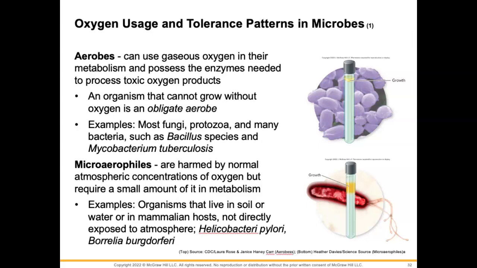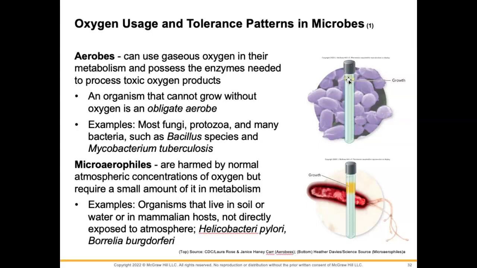H. pylori and Borrelia burgdorferi. So you can see here, okay, so these tubes are a liquid thio, probably, and it's showing the microbes have been inoculated into this broth media, and when the microbes grew, they grew up towards the top, closest to the source of oxygen, which would be if there's a little bit of air underneath that cap.